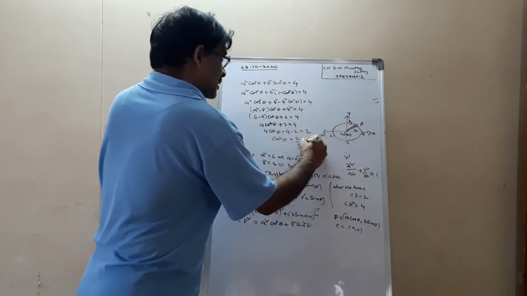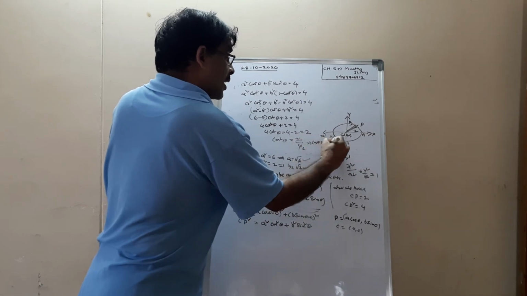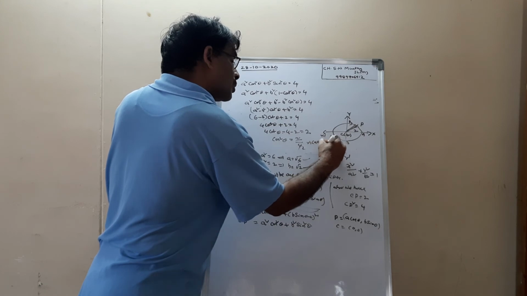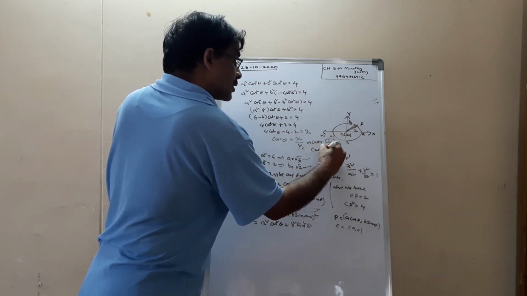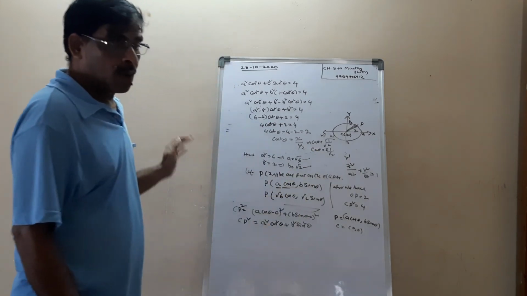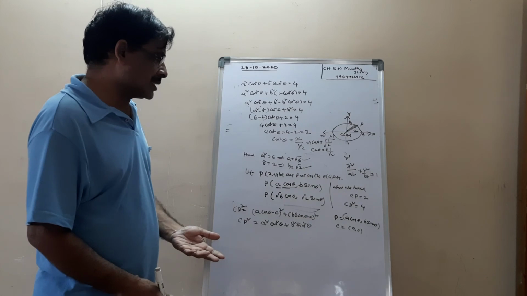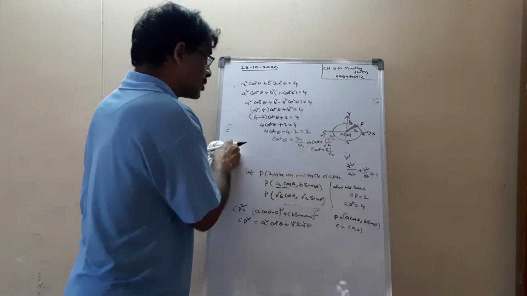Cos square theta equals 1 by 2, so cos theta equals plus or minus 1 by root 2. We have two values, one with plus, the second with minus. Cos theta equals plus or minus 1 by root 2.